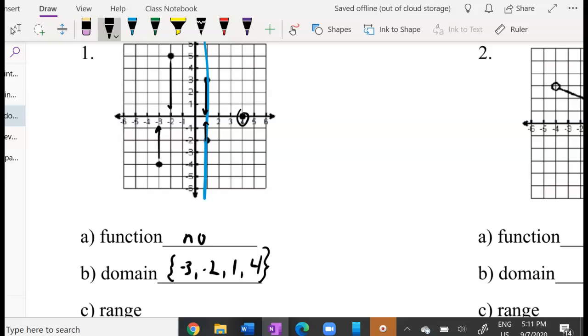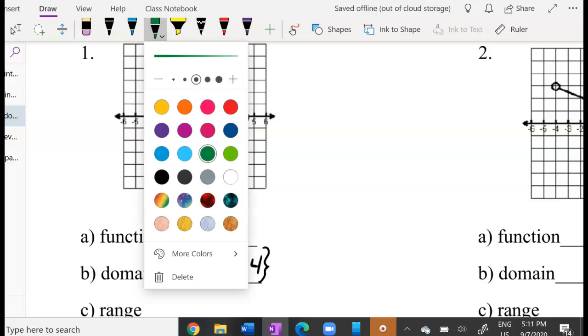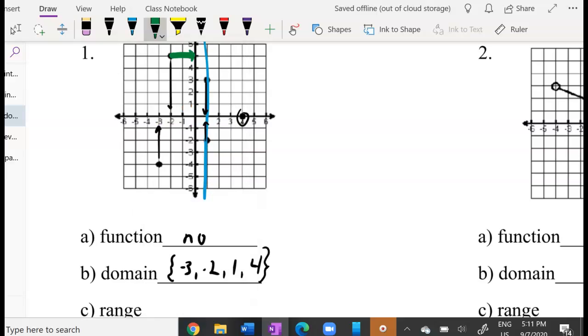Okay, that's the domain. Now for the range, we're going to look at the y values. So we're not going to look down at the x-axis, we're going to look over at the y-axis. That point has a y value of 5. This point has a y value of -4. This point has a y value of -2. Here's one with a y value of 0. And here's one with a y value of 3.